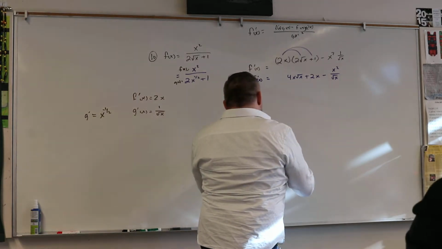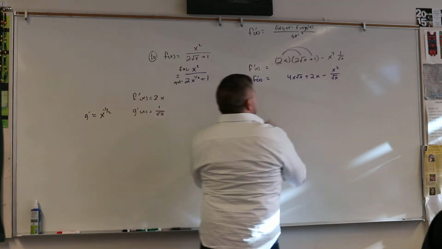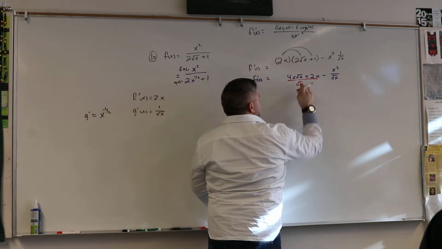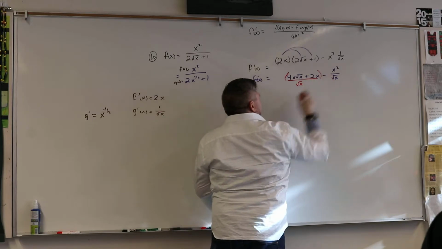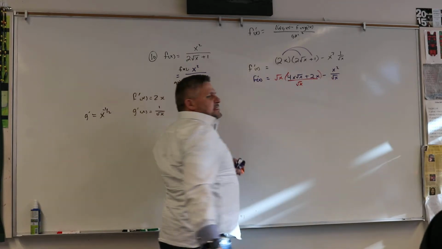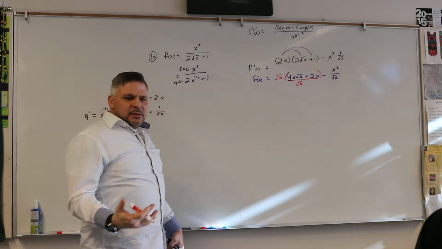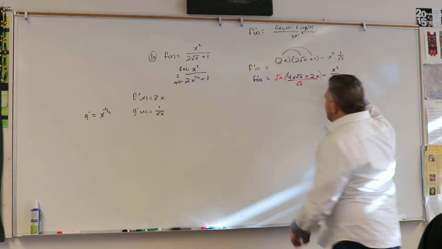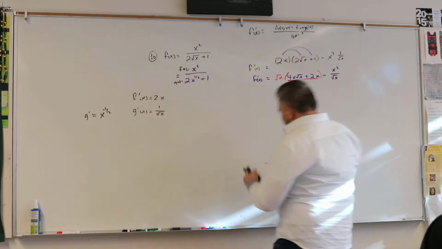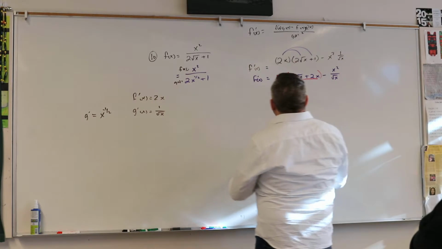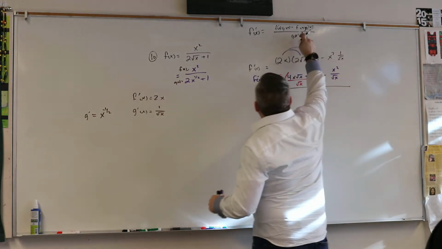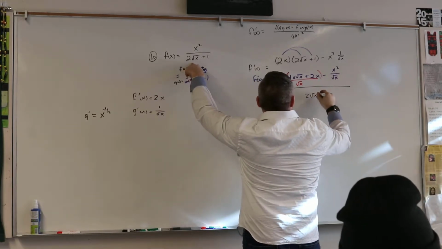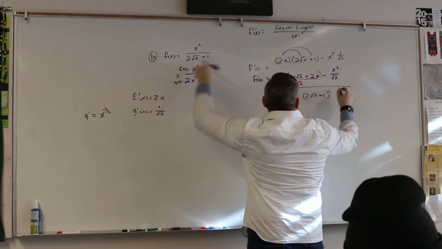But this fraction, I have to do something to make sure I have this. To do that, I have to do it to the top, right? So that means I have to multiply the top by the square root of x. What about the rest of the equation? Oh, yeah, my bad. And so all of this is still divided by the g squared. Thank you. Almost messed that all up. The 2 square root x plus 1 squared.